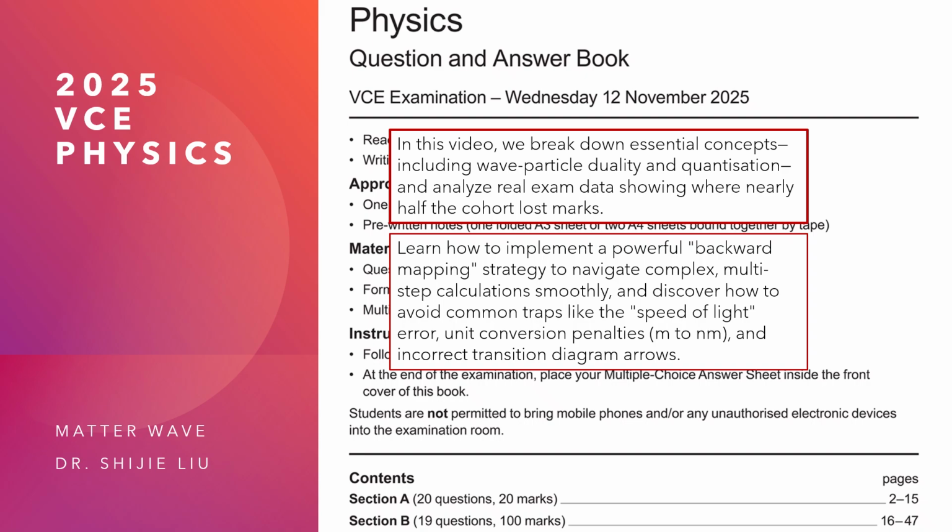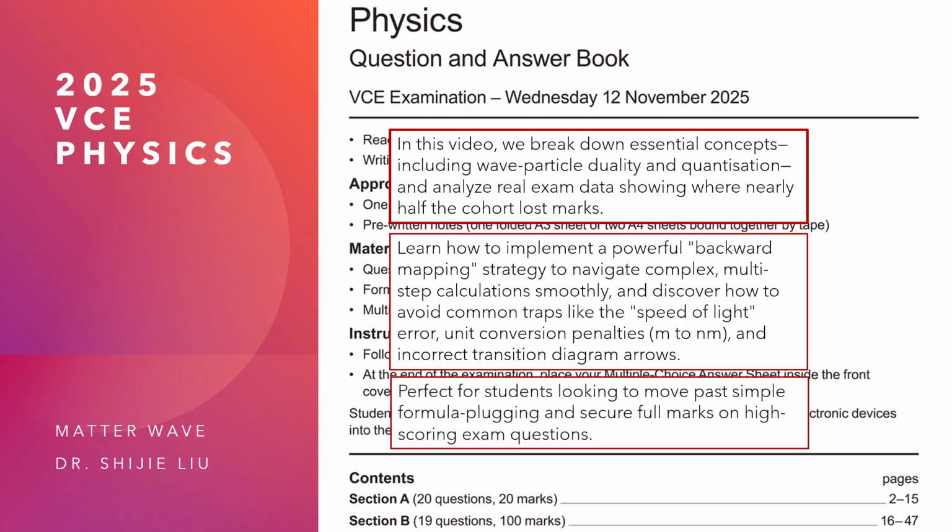Learn how to implement a powerful backward mapping strategy to navigate complex, multi-step calculations smoothly, and discover how to avoid common traps like the speed of light error, unit conversion penalties, m to nm, and incorrect transition diagram arrows. Perfect for students looking to move past simple formula plugging and secure full marks on high-scoring exam questions.